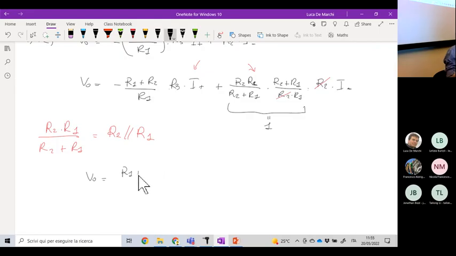So (R1 plus R2) over R1, then we have minus R3 times I plus, and then plus this term here, which is R2 parallel R1 times I minus.